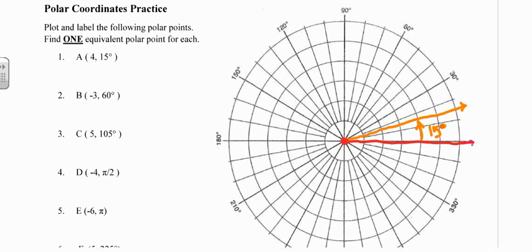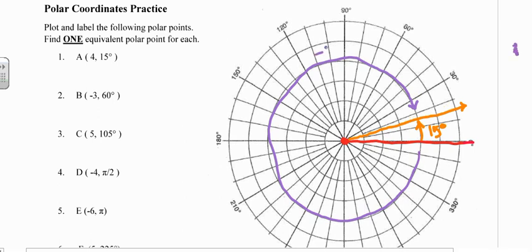Instead of going 15 degrees in a counterclockwise direction from that polar axis, I'm going to say what happens if I move in a clockwise fashion. Well, if I move in a clockwise fashion, I'm going to be approaching a full circle, or a full 360 degrees, but I'm going to fall short by 15 degrees, making the measure of that clockwise angle -335 degrees.